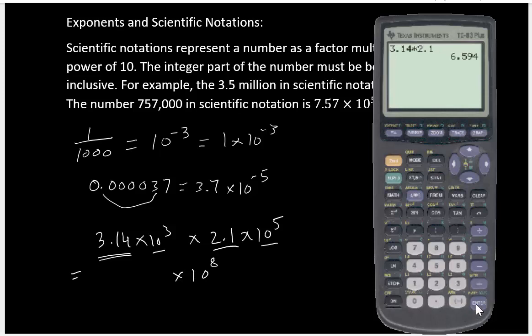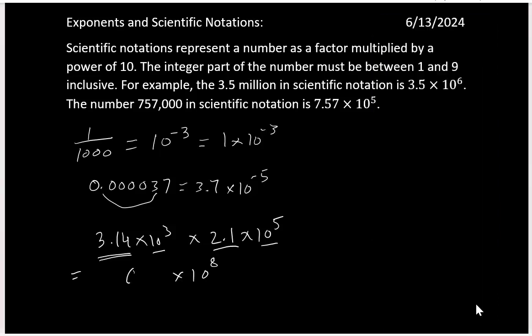That gives you 6.594. For approximation, we will write 6.59. And that is exactly the scientific notation when you multiply 3.14 times 10 to the 3 by 2.1 times 10 to the 5.